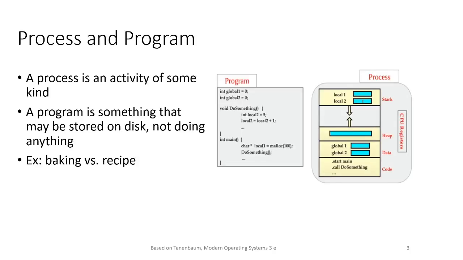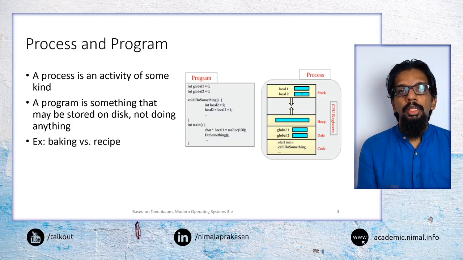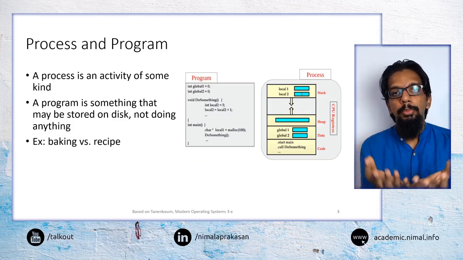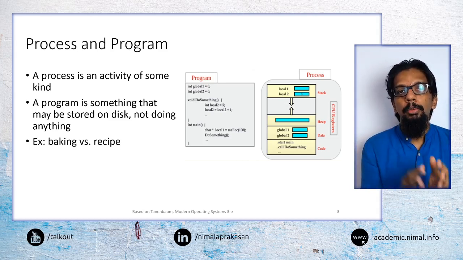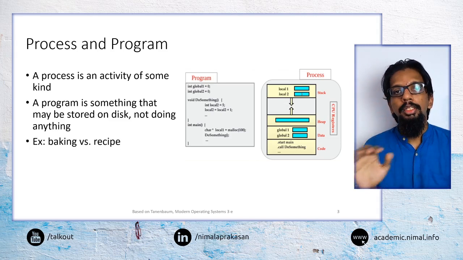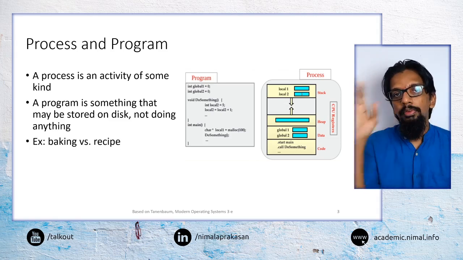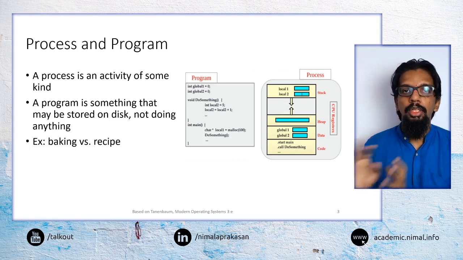A good way to understand a process is the difference between a recipe and you actually cooking. Say you have a recipe to make a particular curry, so that recipe is the program. It will say what are the things that need to be done. It will say if you add this, then you do this, then you do that.